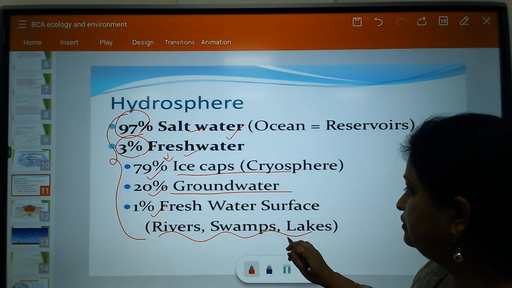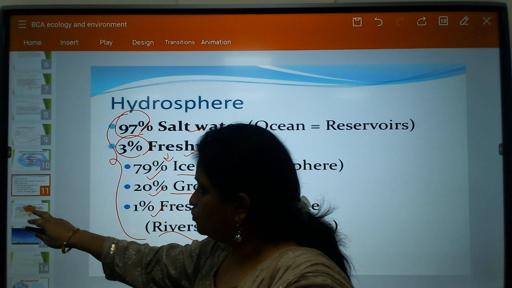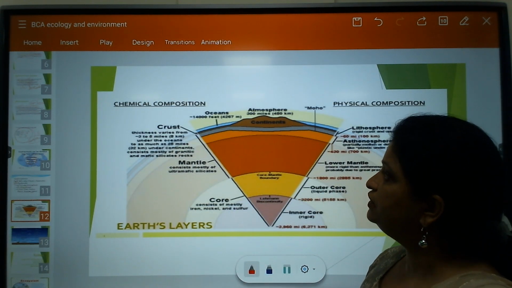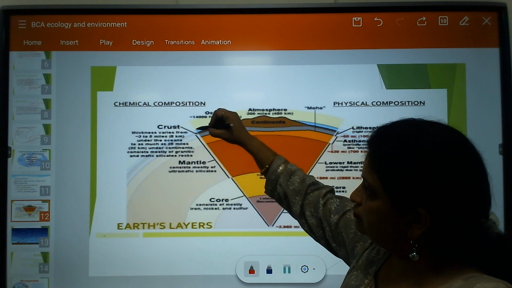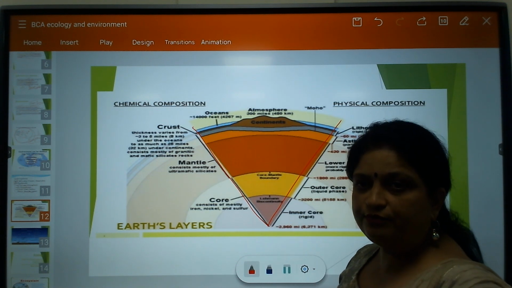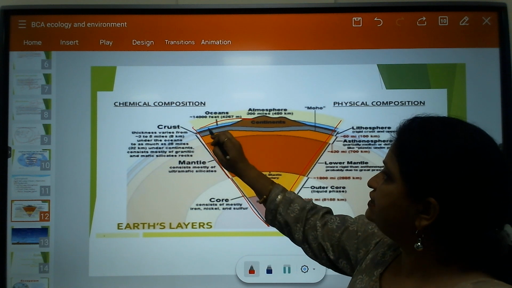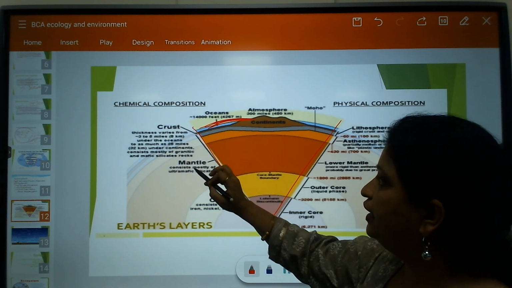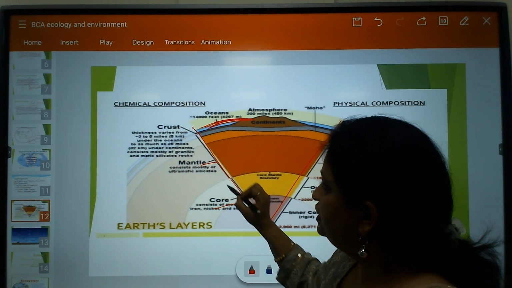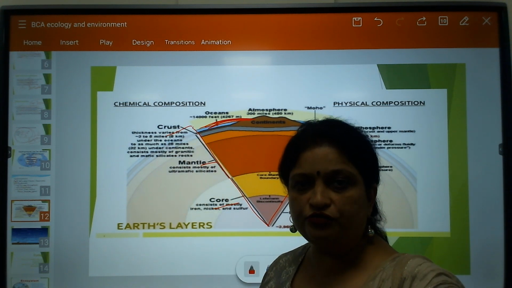These are the surface water. Then we come to the lithosphere. This is the transverse section of the earth in depth. Here we live on the earth, and these are the layers: crust, mantle, core. These three layers are of the earth.